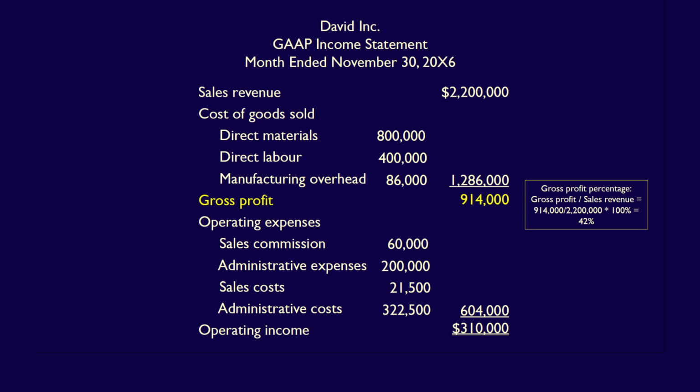Note that the gross profit percentage is identical if calculated on a per unit basis. This is a GAAP income statement, and, as I noted previously, you would have covered this income statement in introductory financial accounting. Now, how does a contribution margin income statement differ from a GAAP income statement?